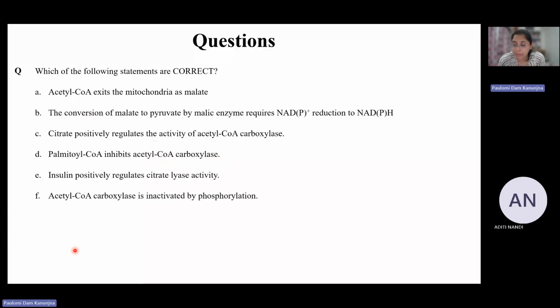It says acetyl coenzyme A exits the mitochondria as malate. The conversion of malate to pyruvate by malic enzyme requires NAD plus reduction to NADPH. Citrate positively regulates the activity of acetyl coenzyme A carboxylase. Palmitoyl coenzyme A inhibits acetyl coenzyme A carboxylase. Insulin positively regulates citrate lyase activity. And acetyl coenzyme A carboxylase is inactivated by phosphorylation. Out of this, which statements are correct?